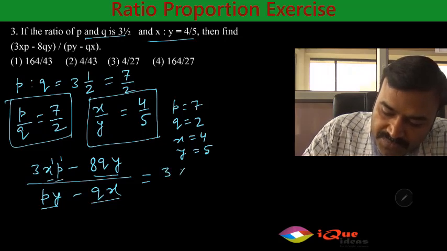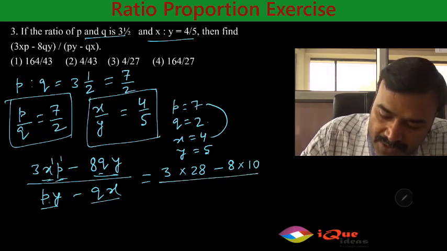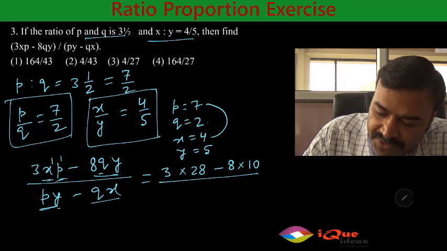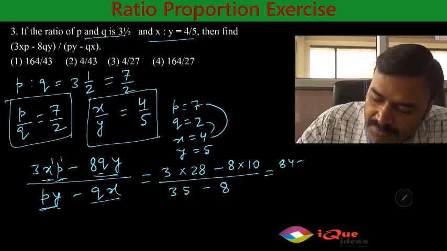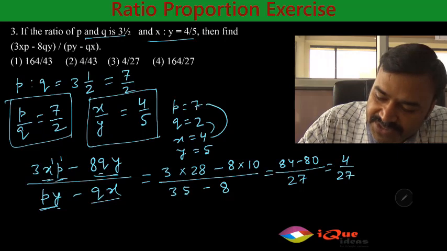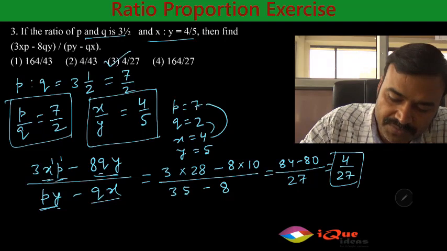So, 3 into x into p, so it is 4 into 7, that is 28, minus 8 into q into y, q is 2, y is 5, so 10, divide by py, so it is 7 into 5, 35, minus qx, that is 2 into 4, that is 8.